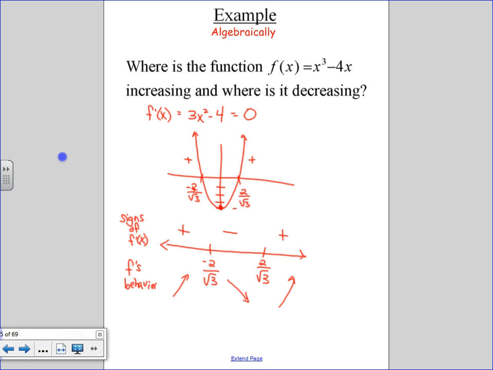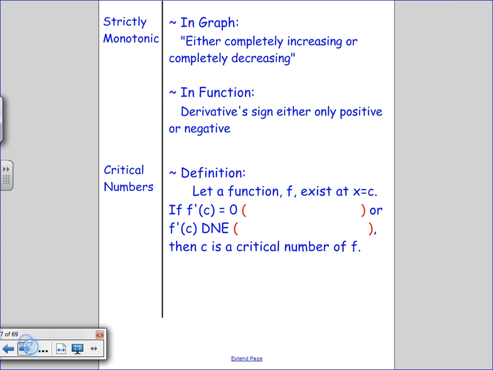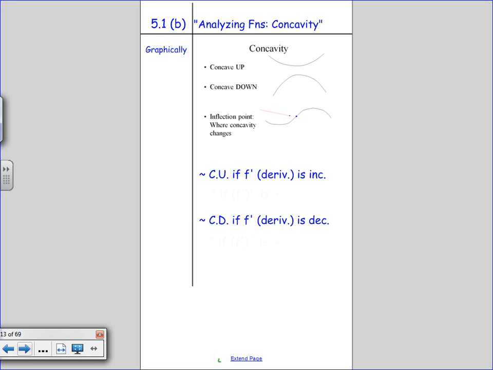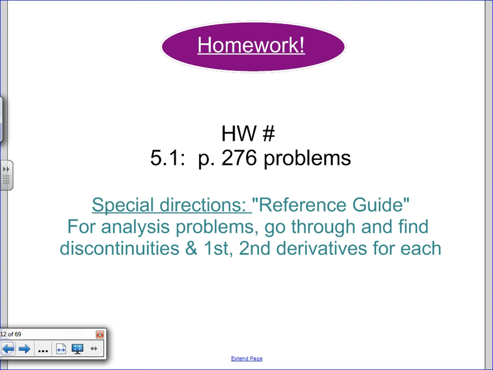Homework is split up into different parts. We're going to tear apart more about increasing and decreasing tomorrow.